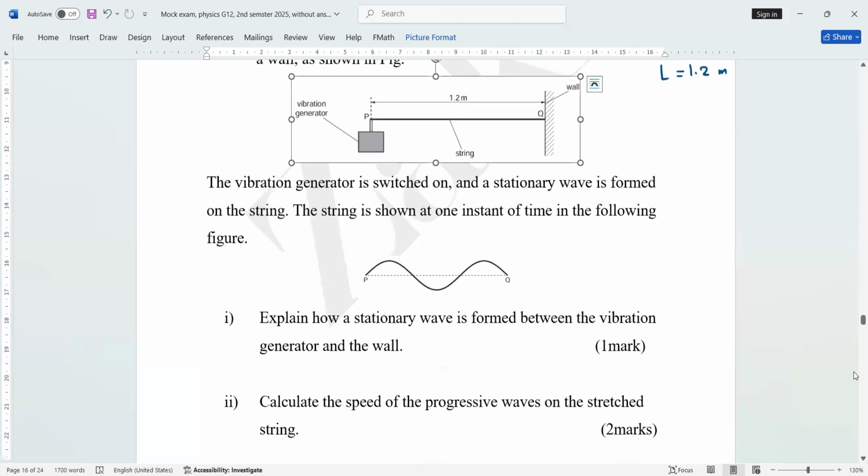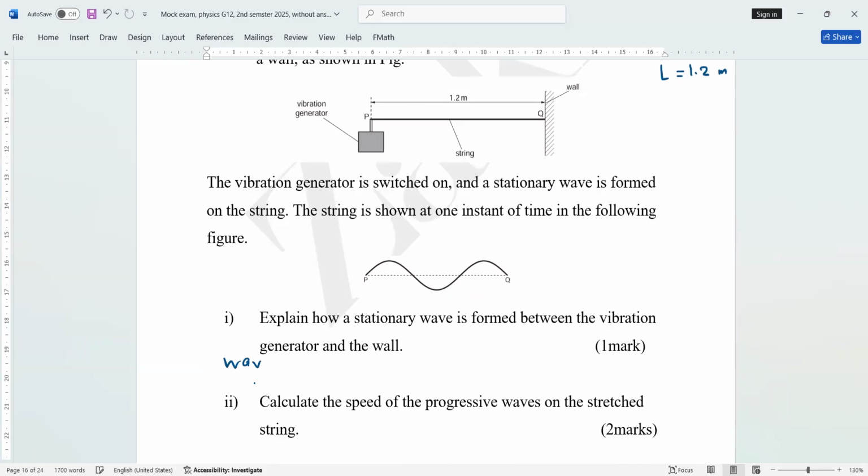Now explain how the stationary waves form. Waves travel along a string and reflect at a fixed point. Incident and reflected waves superpose. So this is the stationary wave.